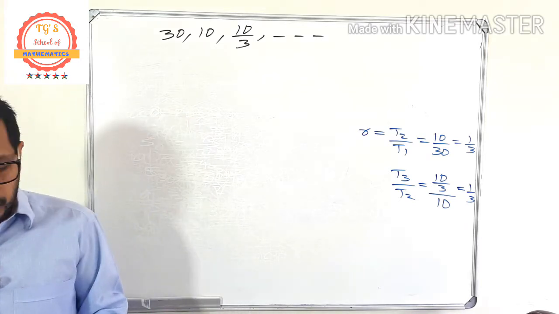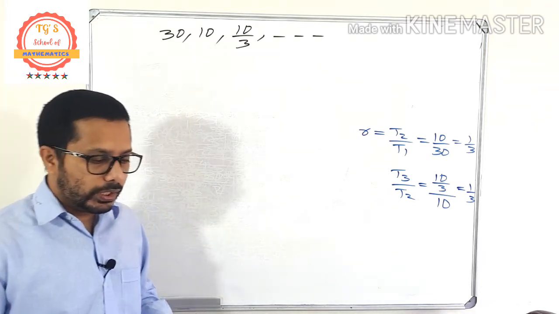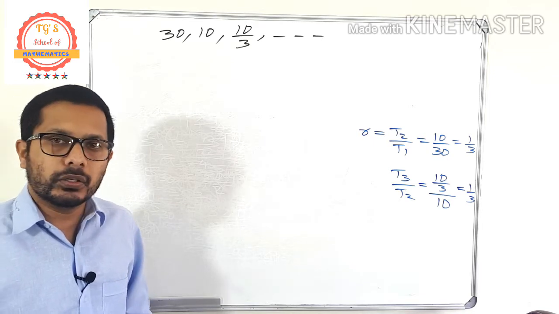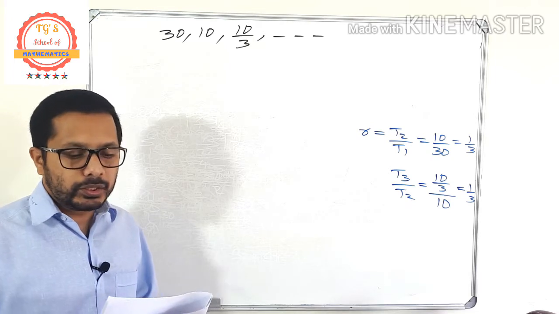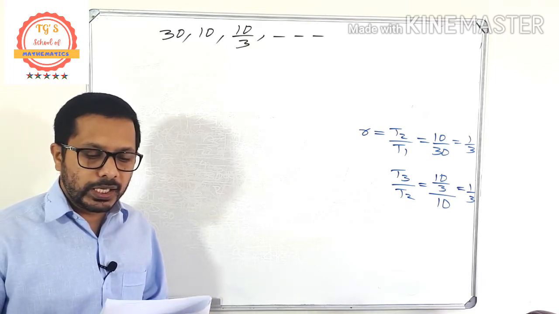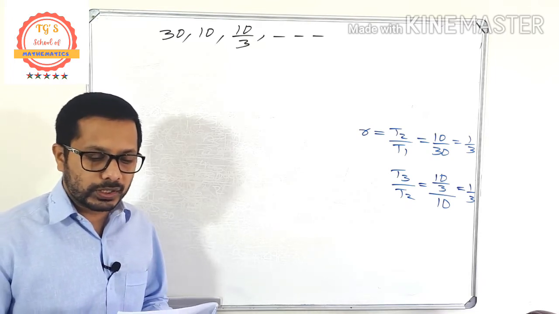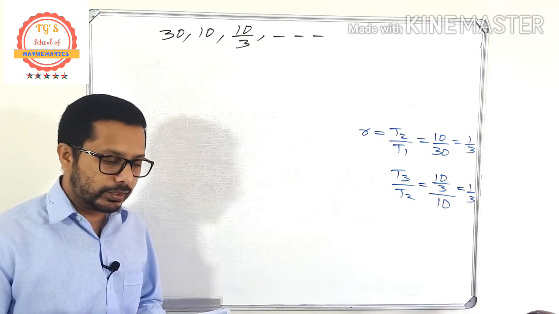Okay. Now, what is the first question? Determine n. You have to find the value of n. If the nth term of the sequence is equal to 10 over 729.